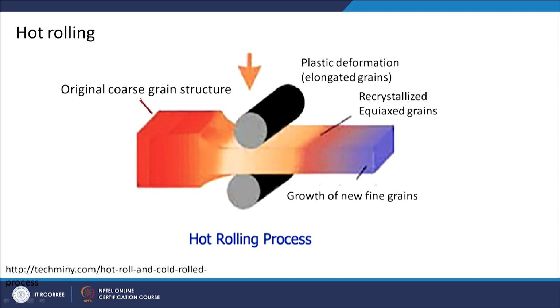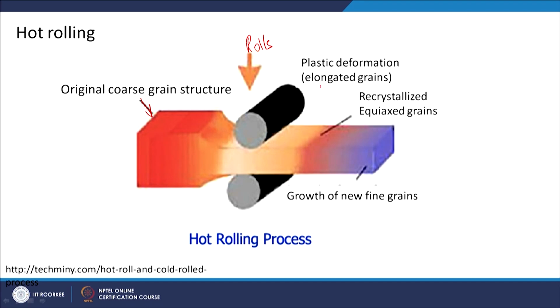It is heated, so that is why it is shown as red colored. And then you are allowing it to go through these rolls. These are the rolls here. And as you can see, there is a reduction in the thickness after the deformation. So, you have imposed some deformation.